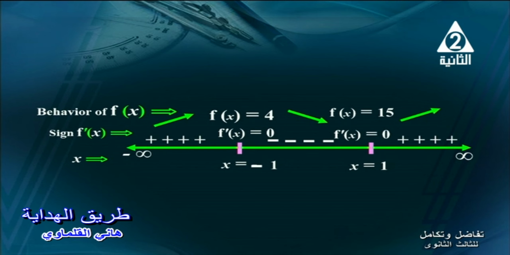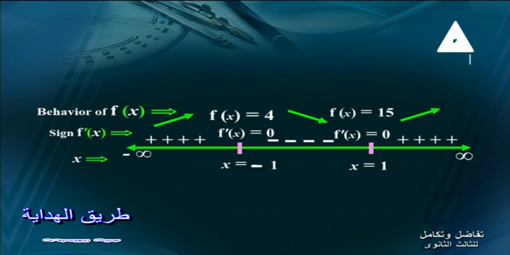We can discuss the behavior of the function in the interval negative infinity to negative 1. The sign of f dash x is positive and the function f of x is increasing. In the open interval negative 1 to 1, the sign of f dash x is negative and the function is decreasing.